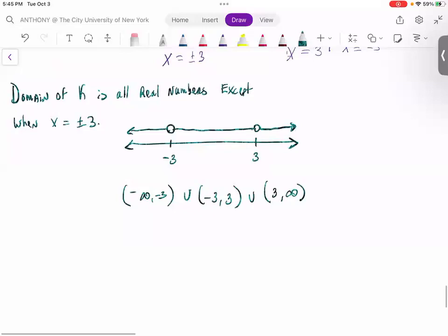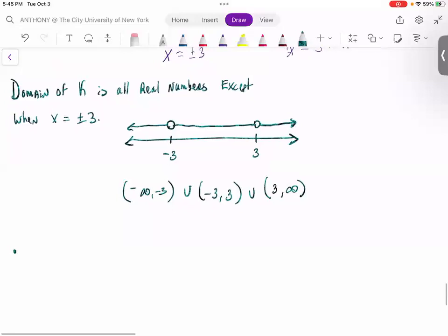Let's say if I have, let's call this p of x is equal now to the square root of 3x plus 12. The thing about this particular function is that now we're dealing with square roots, which is an even root because square is 2.